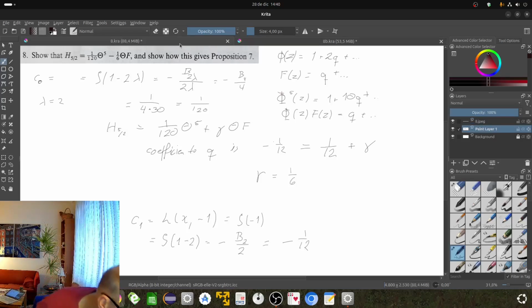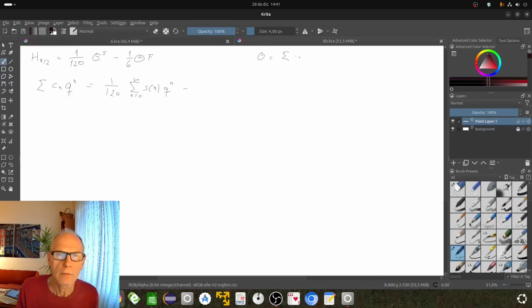Proposition 7. So they write theta, I believe, as 1 plus 2 sigma q to n squared, and then F, and of course positive, sigma 1 n q to the nth, and that means the product of these.